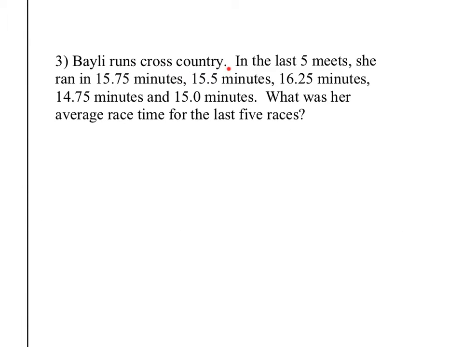Bailey runs cross country, and her last 5 meets she ran in 15.75 minutes, 15.5 minutes, 16.25 minutes, 14.75 minutes, and 15 minutes. What was her average race time for her last 5 races? Once again, to find the mean, you're going to sum up all the numbers.